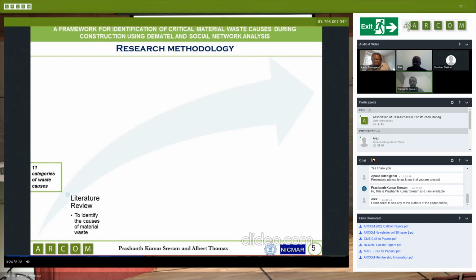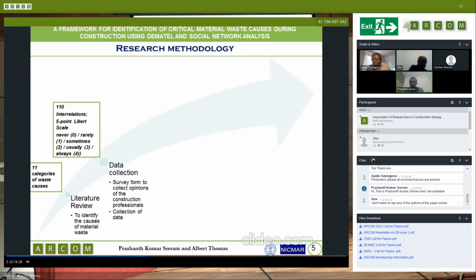And by excluding 11 self-connections, a total of 110 relations are available for quantifying their impact. Opinions of the construction professionals, who are site supervisors and site managers, have been taken on a 5-point Likert scale for every possible interrelation.